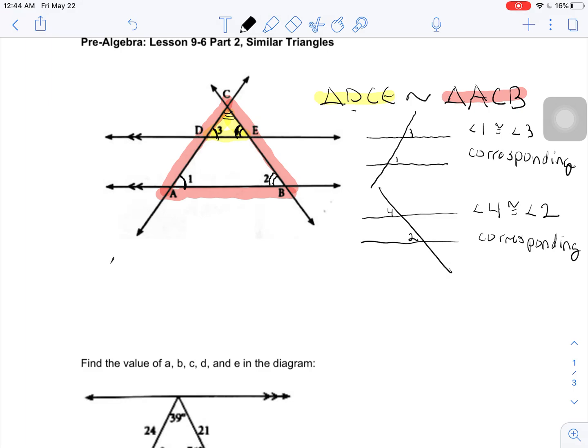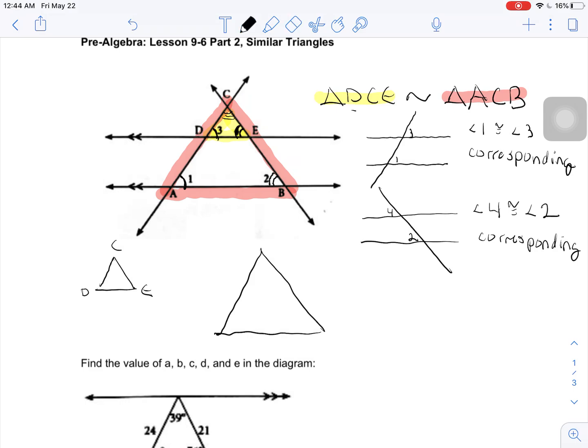So here's our little triangle, DCE, right? Our big triangle looks like this. So we've got that line running through the middle where the little triangle's inside it, right?